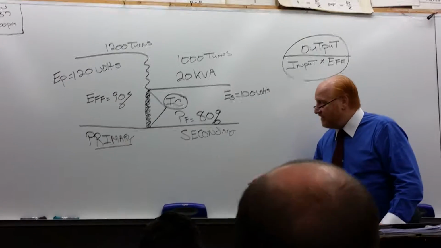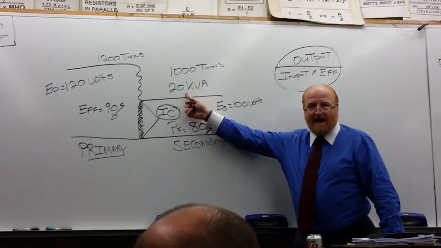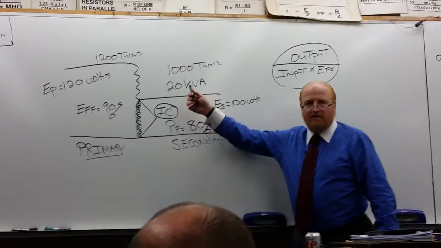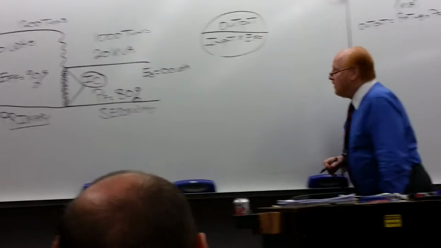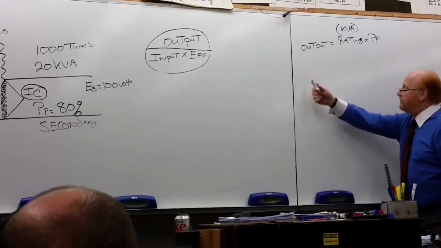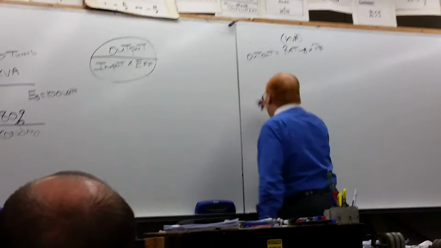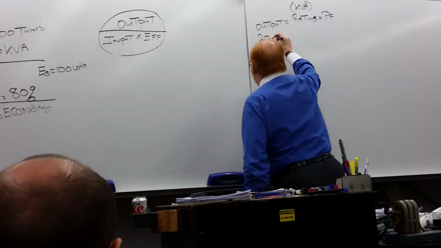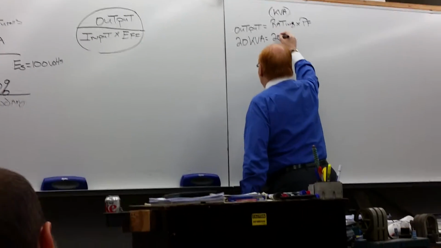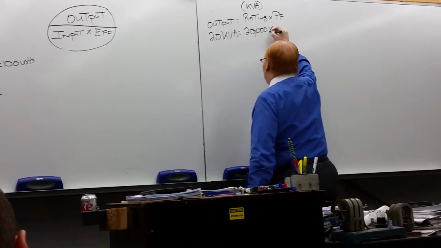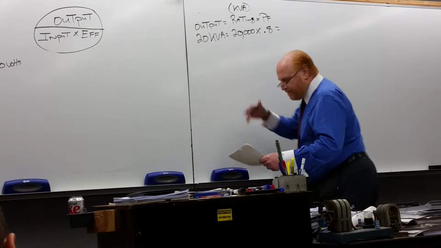In this case, I see I have 20 kVA or 20,000 volt amps. That's the rating. We know that the output equals the rating times the power factor, or 20,000 times 0.8, representing 80%.